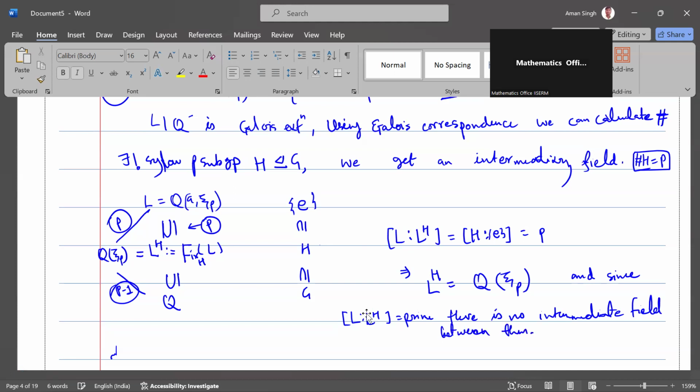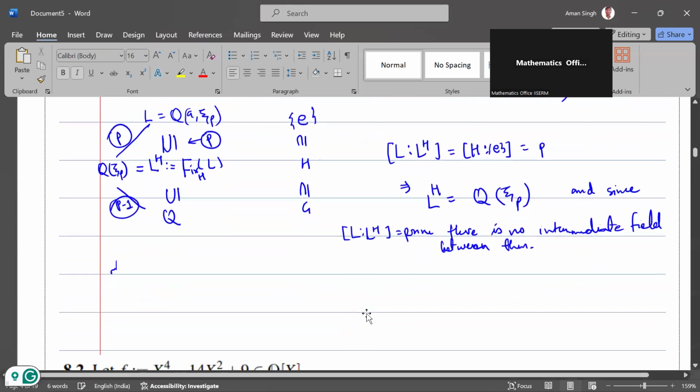What is left is: what are the intermediate fields?